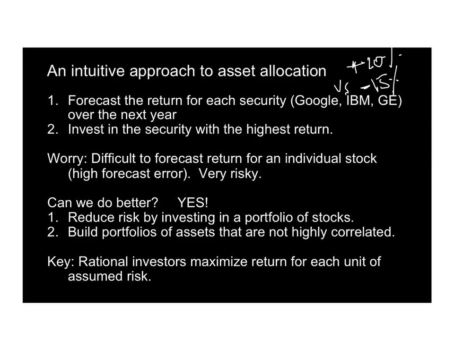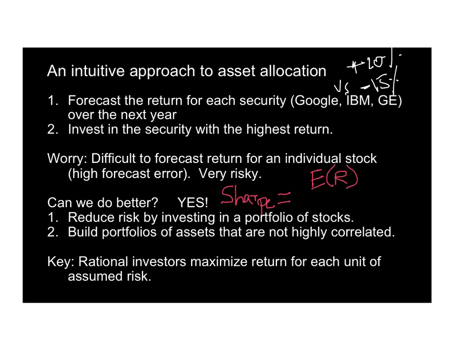So, instead of betting the bank on one security, we try to bring in both the forecast as well as the forecast error in this ratio that we call the Sharpe ratio. And the way we optimize is by focusing not just on the numerator, which is the expected return, but also on the denominator, which can be reduced quite a bit.